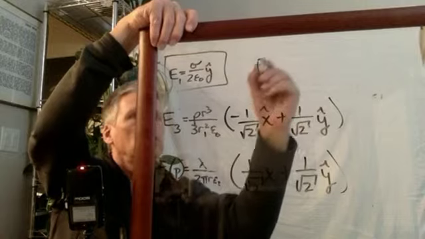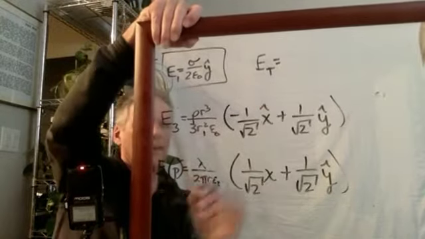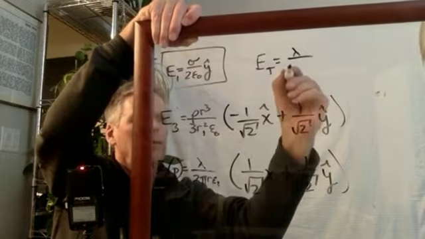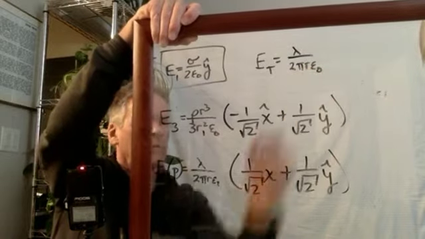our E total is going to equal, let's go ahead and start with positive, lambda over 2 pi r epsilon 0.